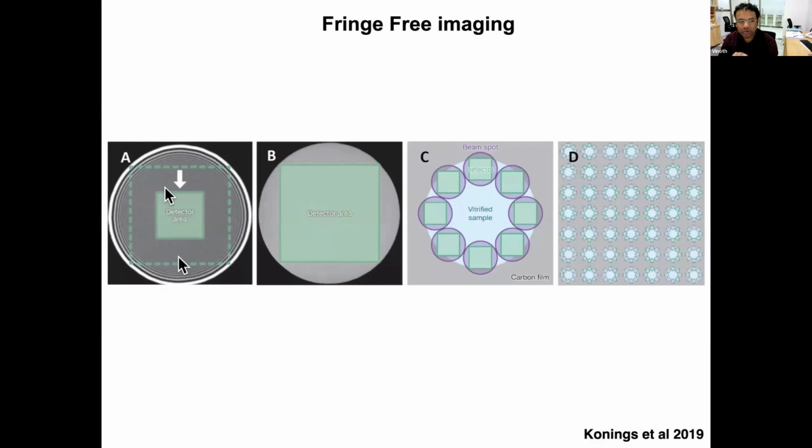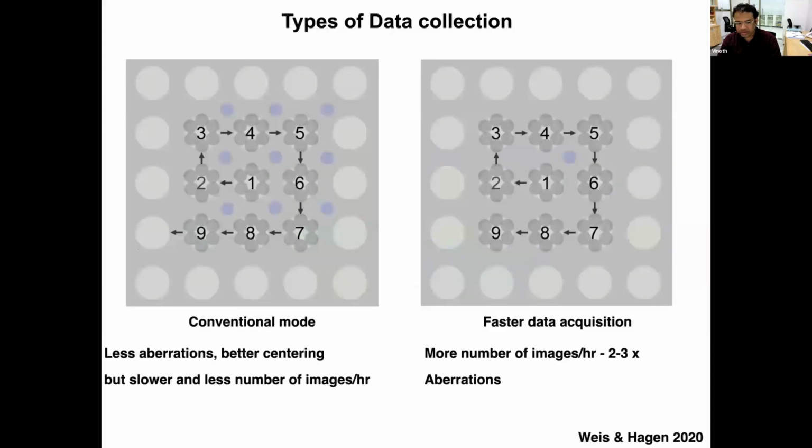To overcome this, what Thermo Fisher has done is what we call fringe-free imaging, where you remove the fringes by changing the Z height of the stage. This allows you to make the beam very small, and then you can take multiple images. For example, using this small beam, now you can collect 8 images here. If you do that in a particular grid square, then you possibly get 8 times more. This is what we call fringe-free imaging.